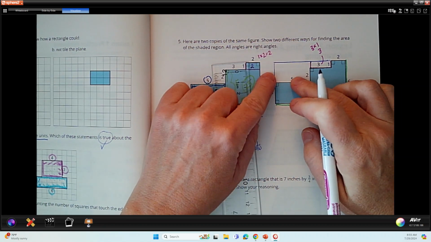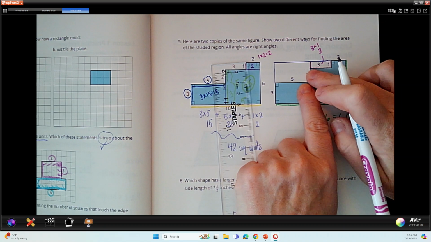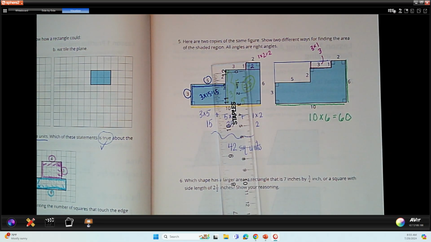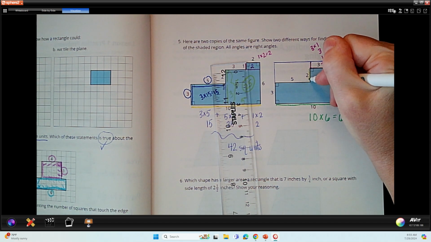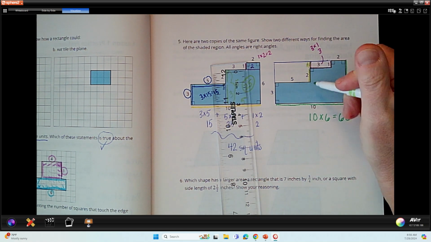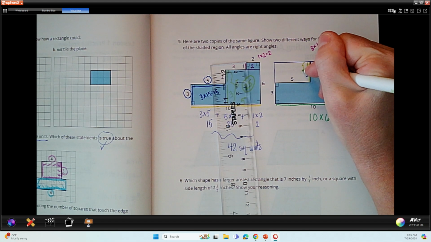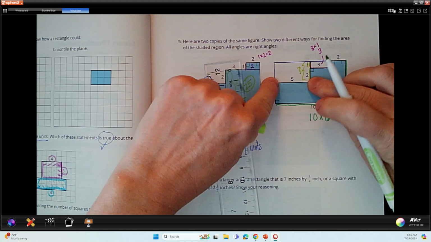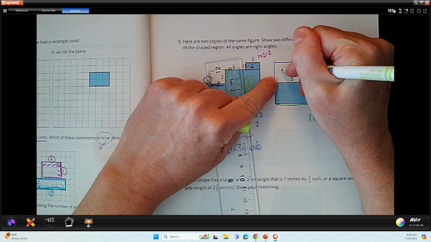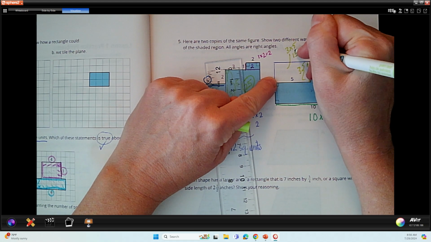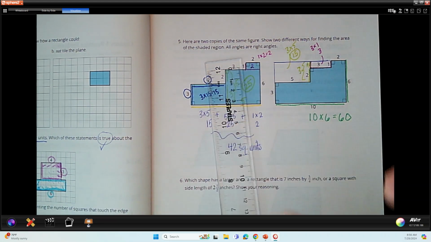And then I've got this section, which is 5 by 2, but not really. It's a 5 by 2, but we need to add 1 more for that height. Let me show you. This is 2, and this is 1. So together, that makes a height of 3. Okay? So my height is 3, my base is 5, and 3 times 5 is 15. So this is 15, and this is 3.